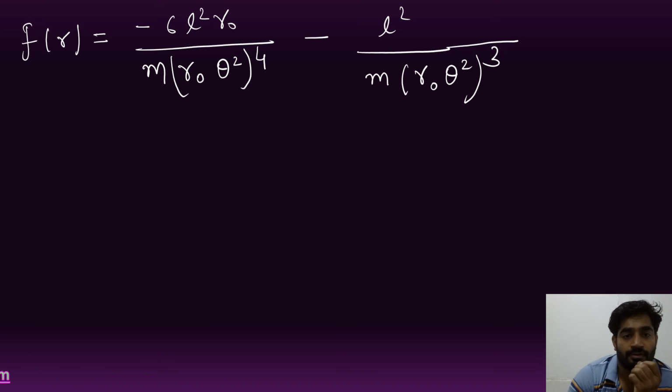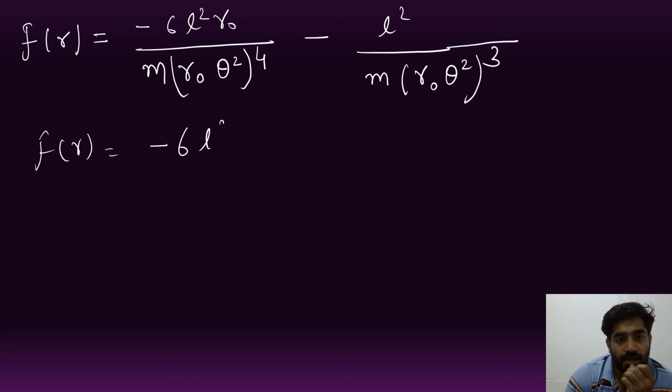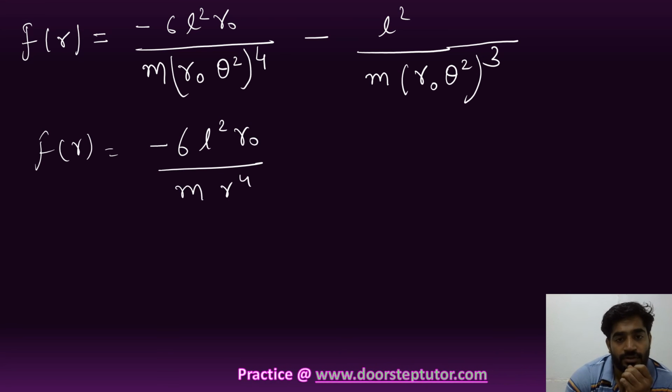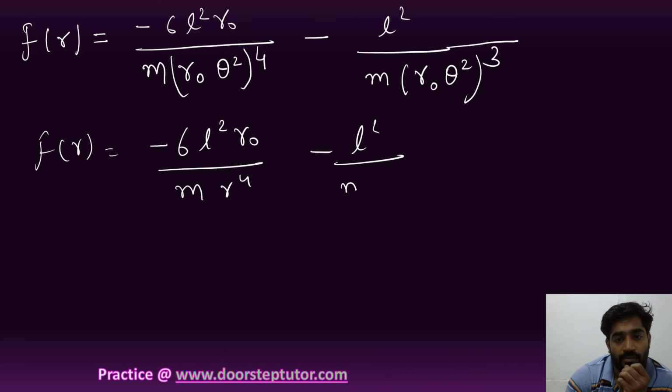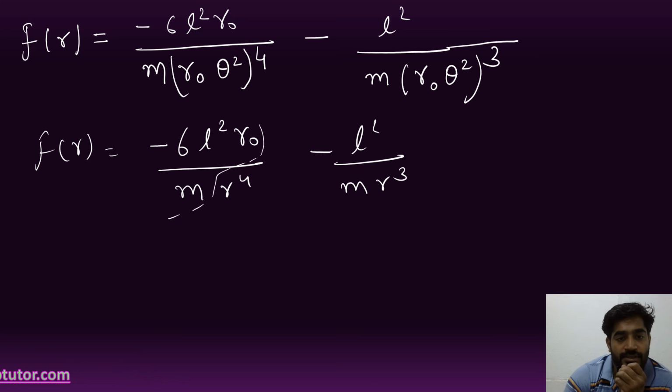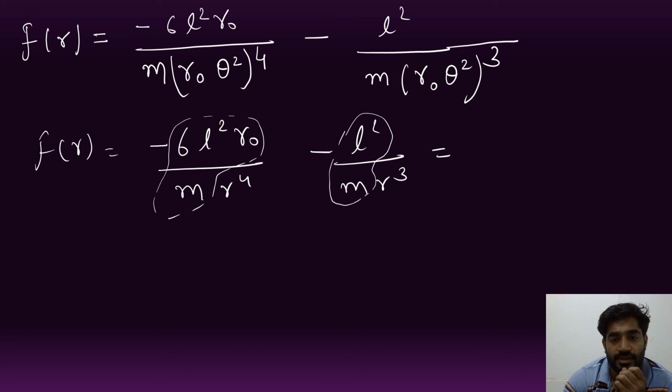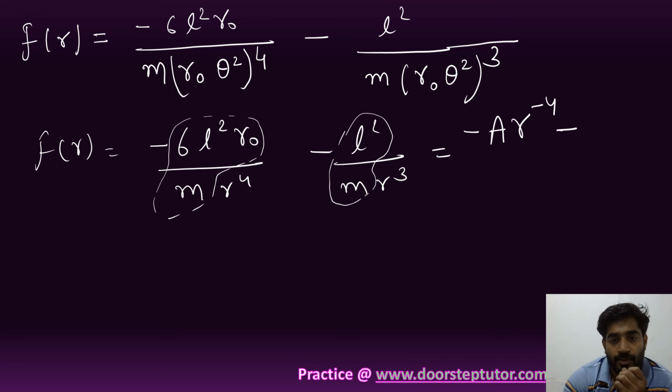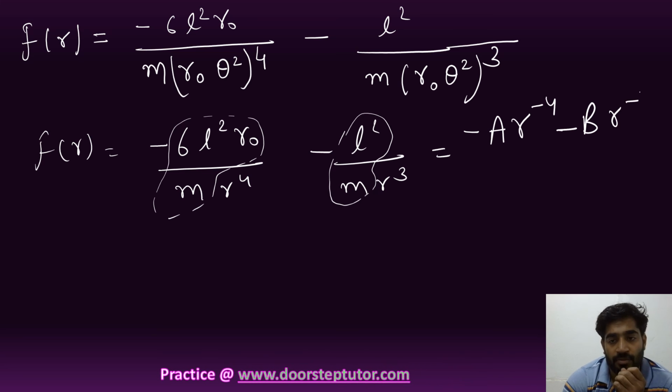What we can see here is r naught theta square is r. If I replace it, it will become minus 6 l square r naught upon m r to the power 4, and similarly l square upon m r to the power 3. These are just constants. If I replace them by constants, it becomes minus A r to the power minus 4 minus B r to the power minus 3.